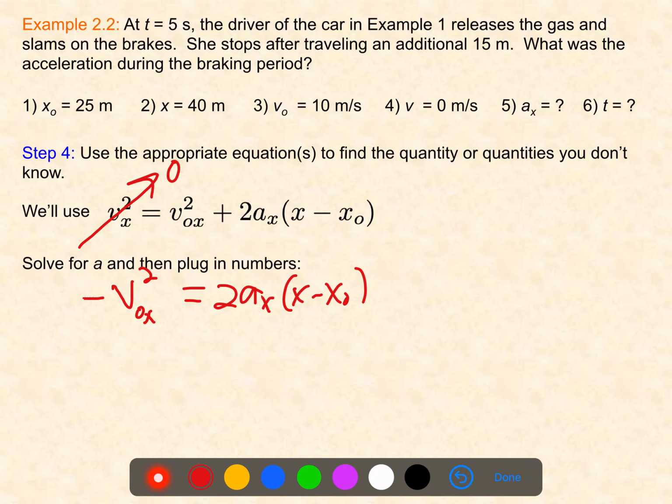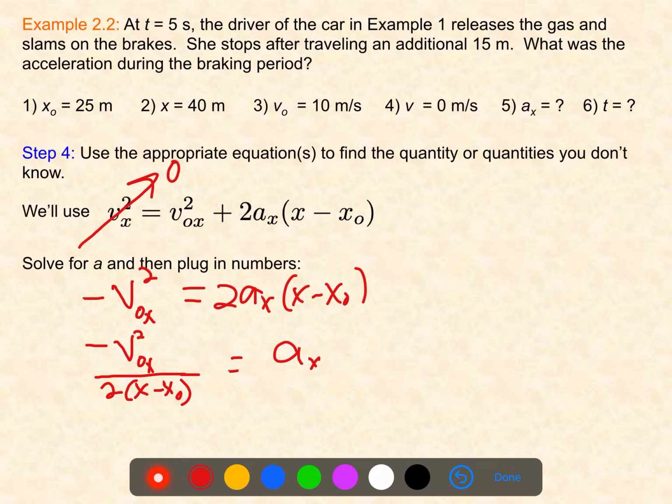Okay, then to isolate the acceleration, I'm going to divide off the 2(x minus x naught), and that should give me my acceleration rate.